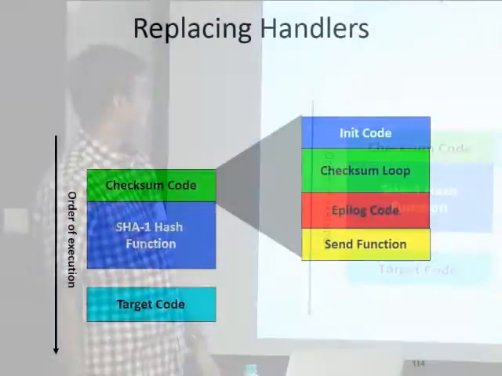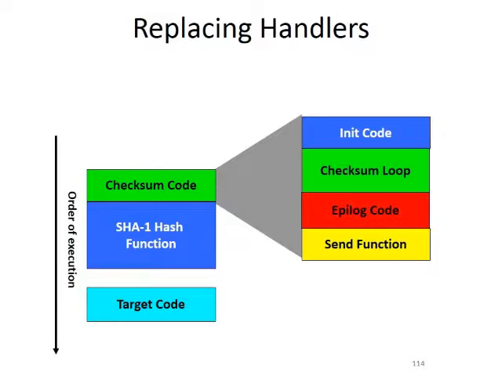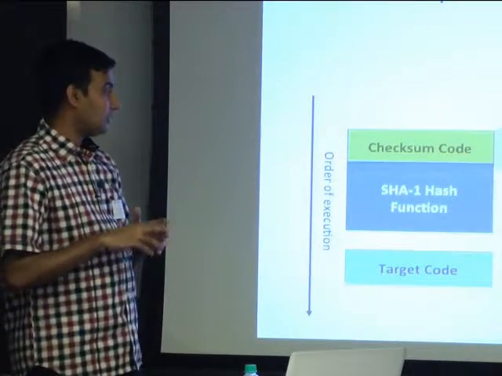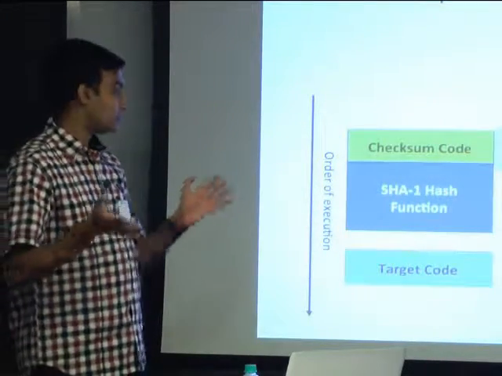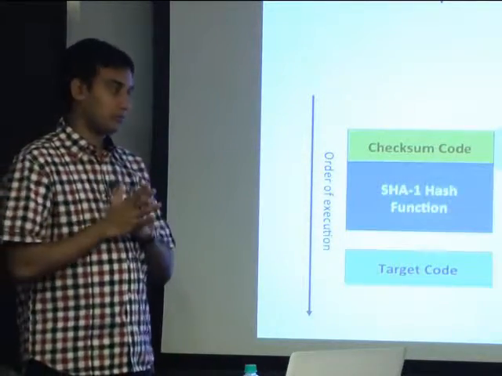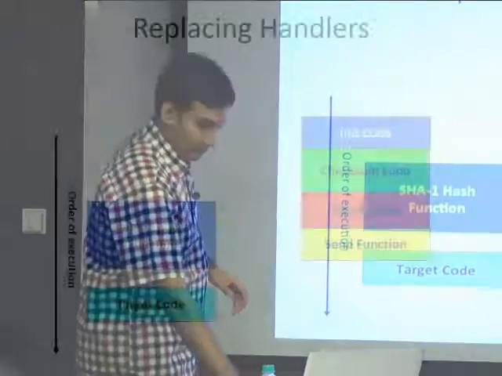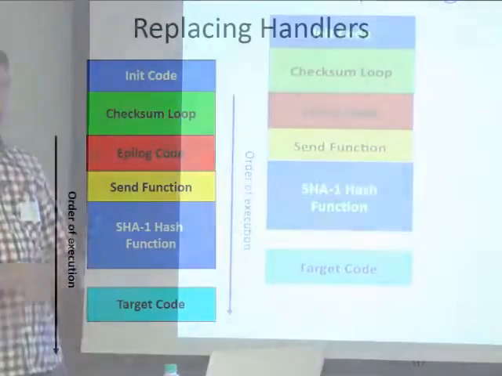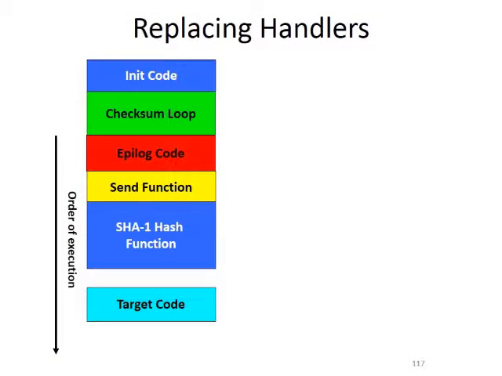Now the checksum code itself is in 4 units. So there is the initialization code, there's the checksum loop, which we talked about all this while, which does the actual computation. There's the epilogue code, whose job is to put things together before the send function sends the checksum to the verifier, right? So potentially we have 4 places where we can replace the interrupt and exception handlers.